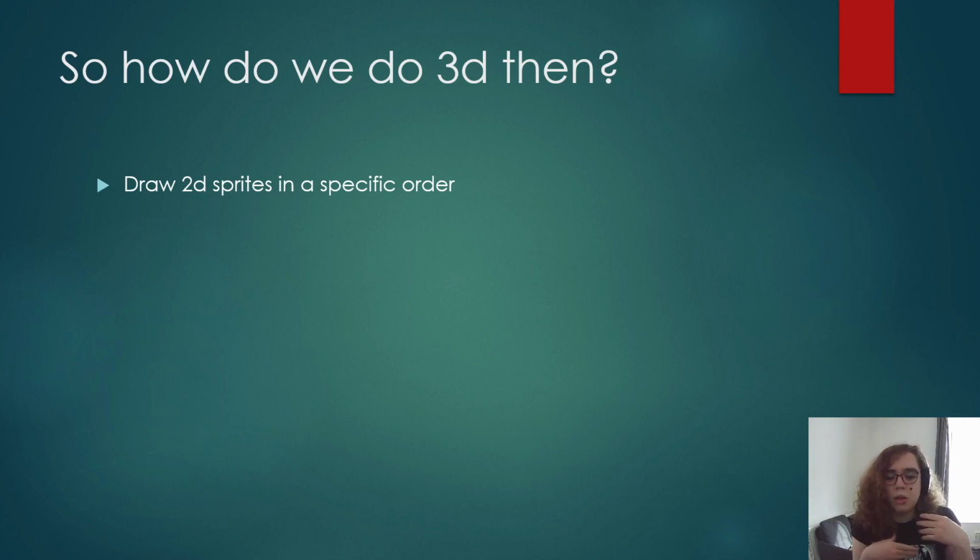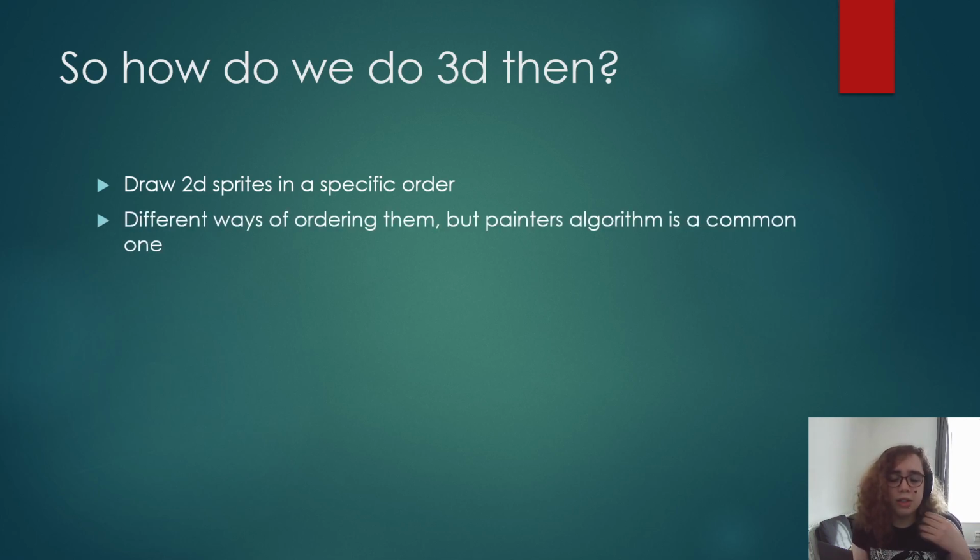And so you'll get what looks like 3D, despite the fact that all the components of it are actually just 2D. There are a couple of different ways of ordering the sprites. The painter's algorithm is the most common one. With the painter's algorithm, you just draw things back to front. That's just how it works.